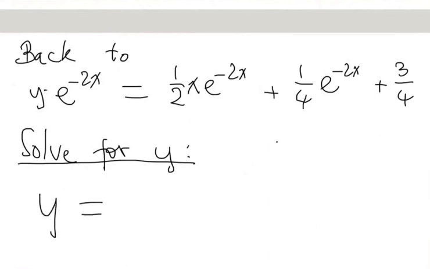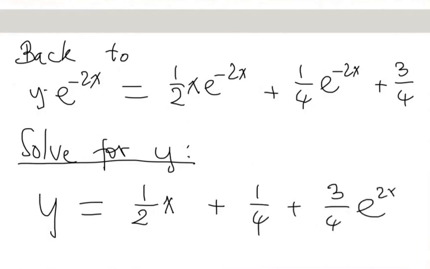Multiplying through by e to the plus 2x, we cancel those e to the minus 2x to get this. But be careful, we need to multiply. So let me write here, multiply by e to the positive 2x.